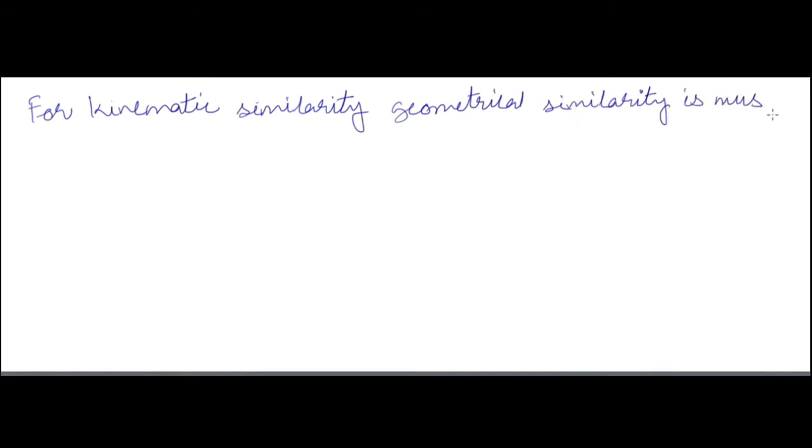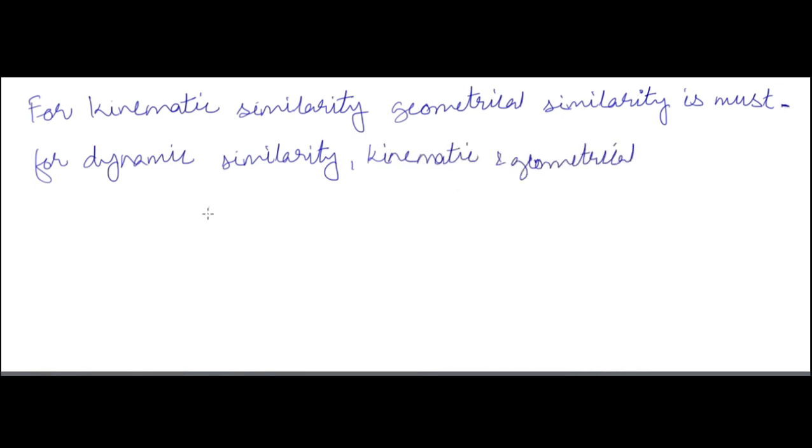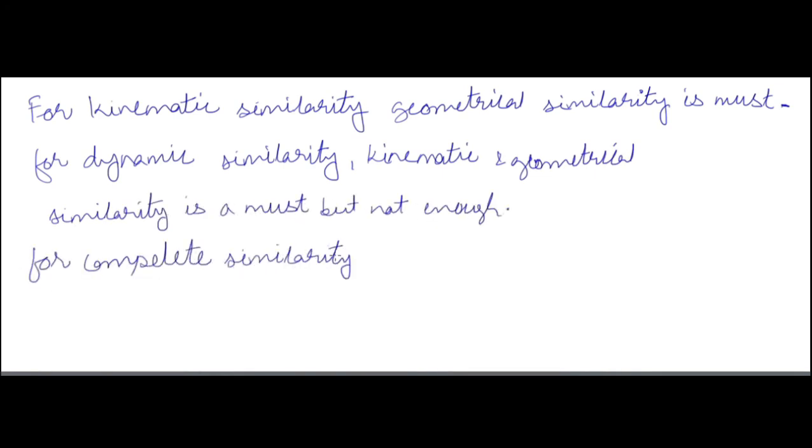Now for kinematic similarity, geometrical similarity is a must. And for dynamic similarity, both kinematic similarity and geometrical similarity are a must, but not enough, so you have to do the dynamic similarity also.